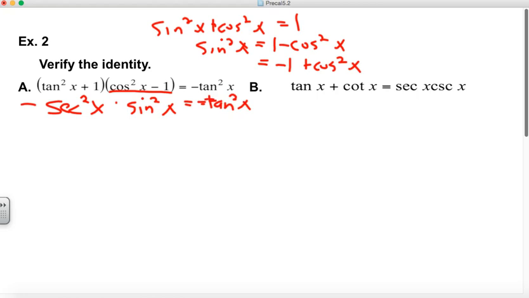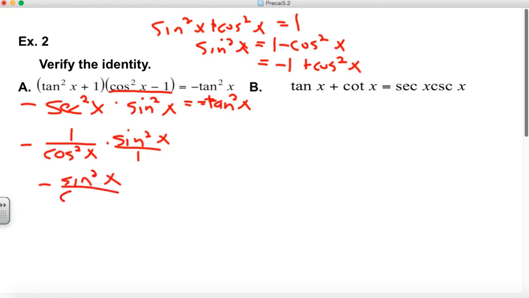All right, so now we need to try to convert this to make it look like tangent. Well, secant, using our reciprocal identity, is really 1 over cosine squared x. Now we're multiplied by sine squared, so the sine squared is going to go up top, so I have negative sine squared x over cosine squared x. And then sine squared x over cosine squared x, we use the quotient identity.